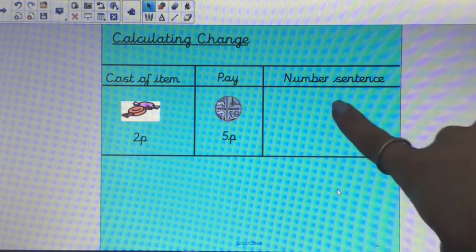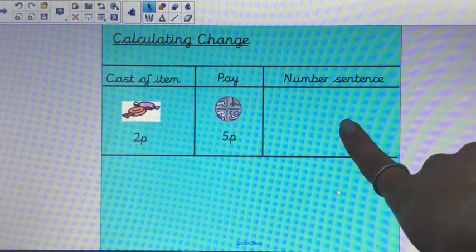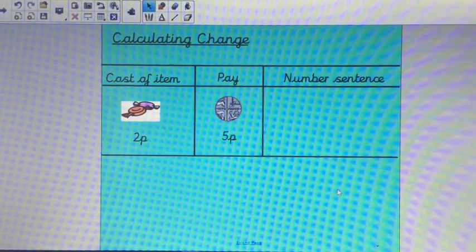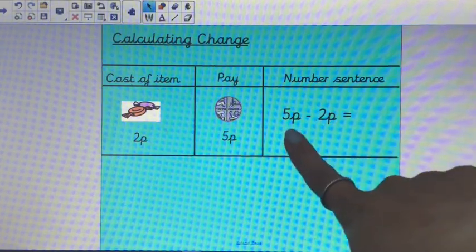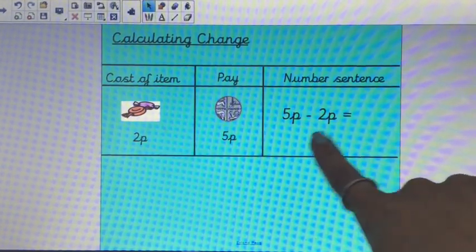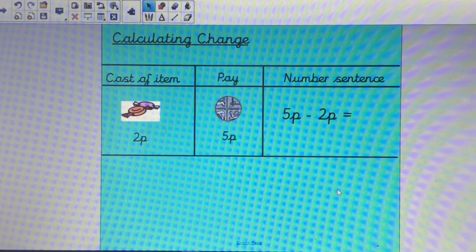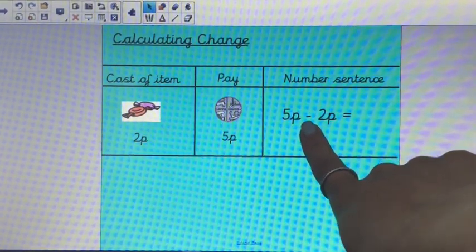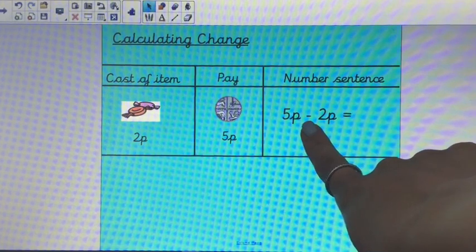So in this section, I'm going to write a number sentence to help me calculate change. And my number sentence is this. 5p take away 2p. So when we're calculating change, we are subtracting. So in this lesson, the number sentences we're going to be doing are all subtraction number sentences.